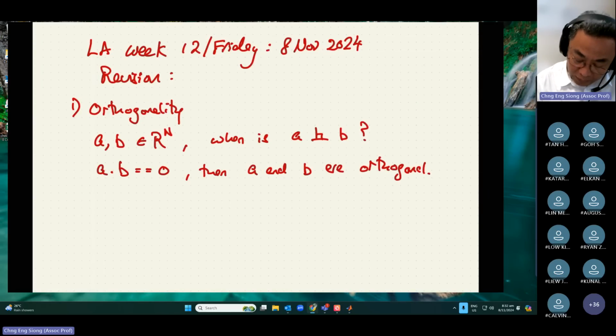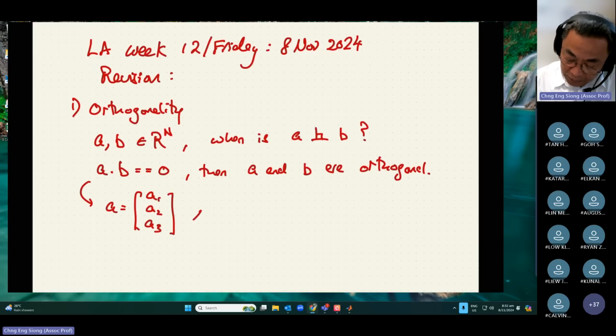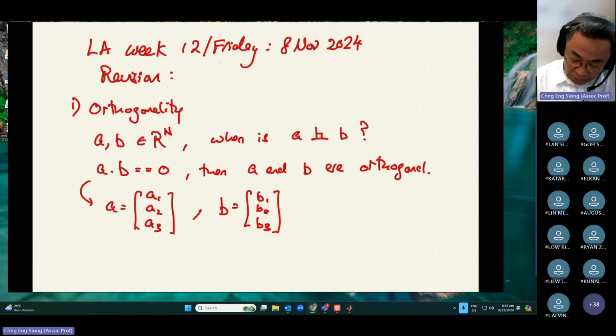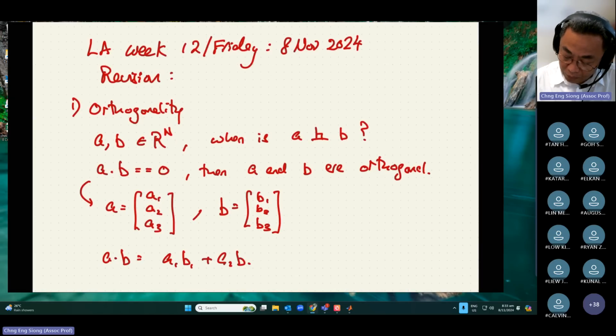And you also know that we can calculate A dot B in many ways. For example, if A is equal to A1, A2, and A3, and B is equal to B1, B2, and B3, then A dot B is equal to A1 B1 plus A2 B2 plus A3 B3.